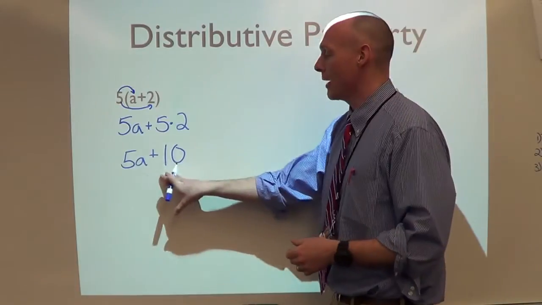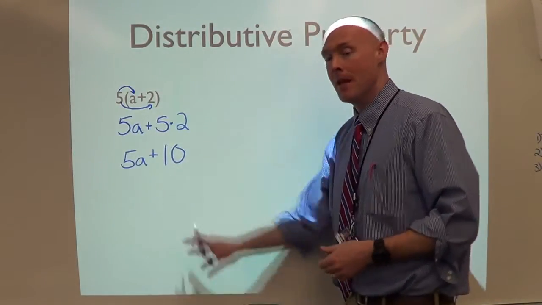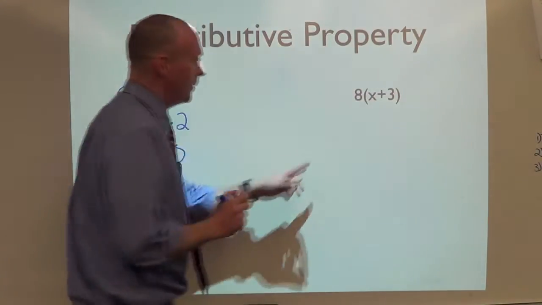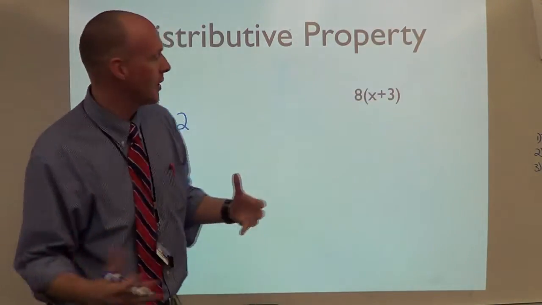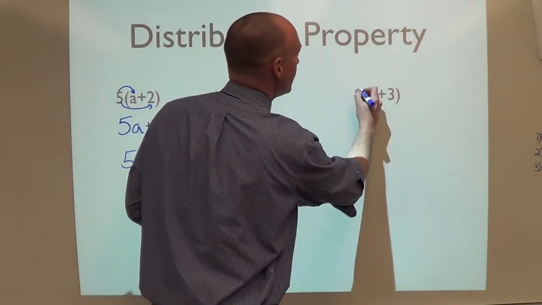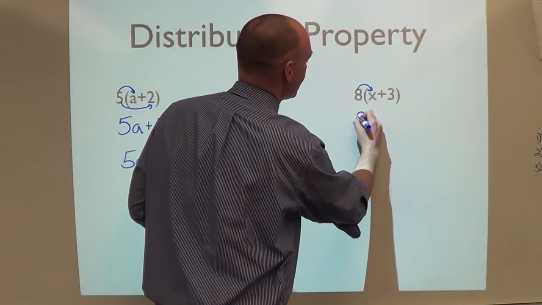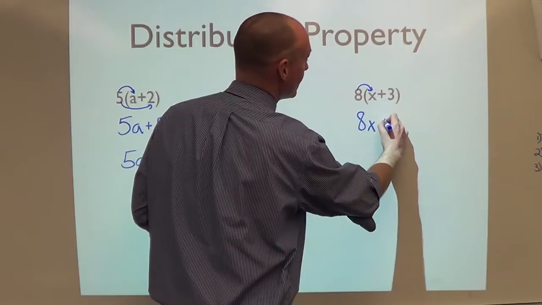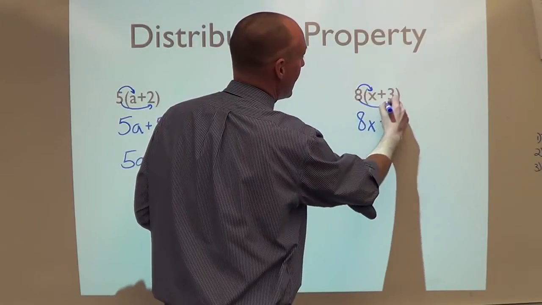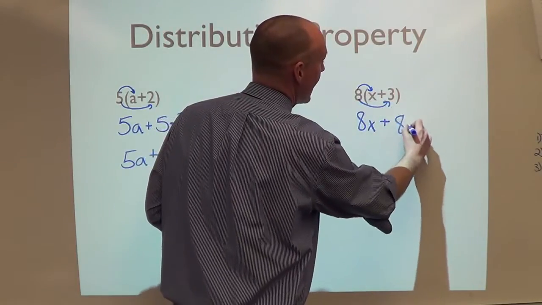So this is showing the distributive property. And same thing with this one. This is 8 times, in parentheses, x plus 3. Distribute it out. 8x plus 8 times 3.